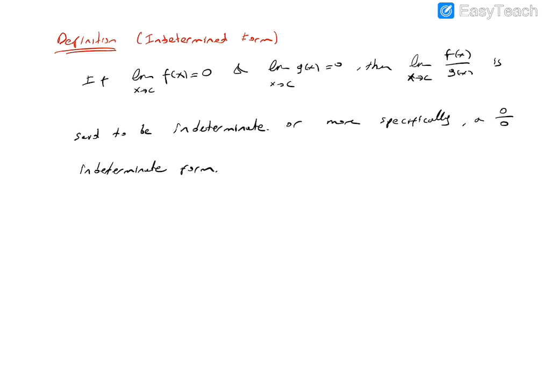Here, the expression 0 over 0 does not represent a real number and should never be used as the value of a limit. You cannot say the limit is 0 over 0, okay? This is not the correct answer for the exam. If a limit is a 0 over 0 indeterminate form, further investigation is always required to determine whether the limit exists and to find its value if it exists.